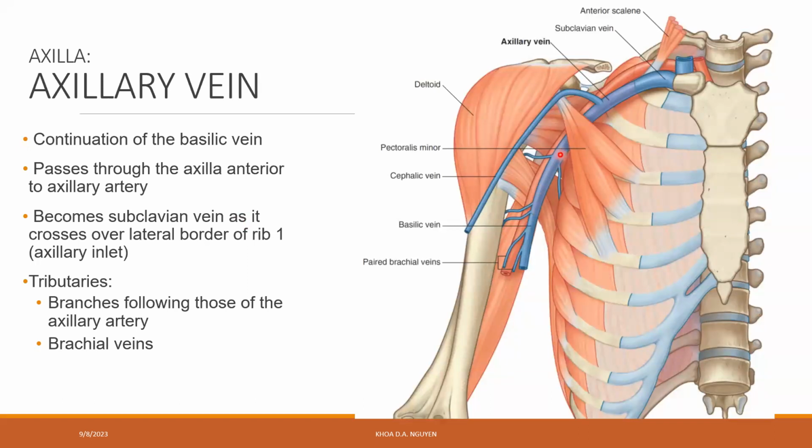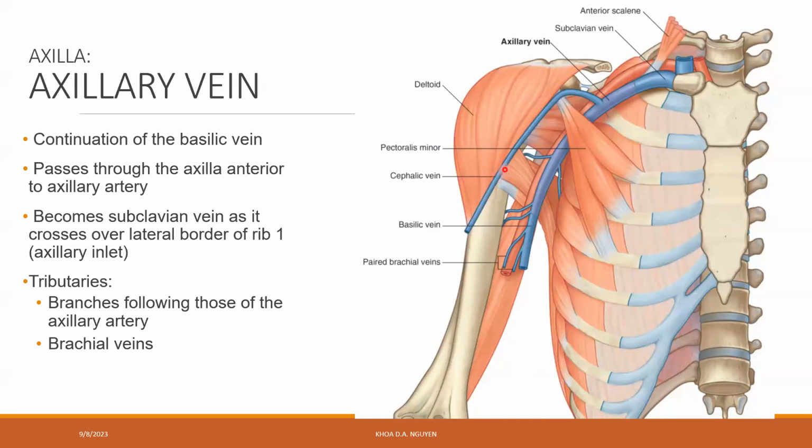So the basilic vein starts out superficially, pierces the fascia to go deep, and becomes the axillary vein over here. And parallel to the basilic vein, you also have the cephalic vein over here, which is another superficial vein of the upper limb. The cephalic vein is going to run within a groove called the deltopectoral groove, which is formed in between the deltoid muscle and the pectoralis major muscle, this groove right here.